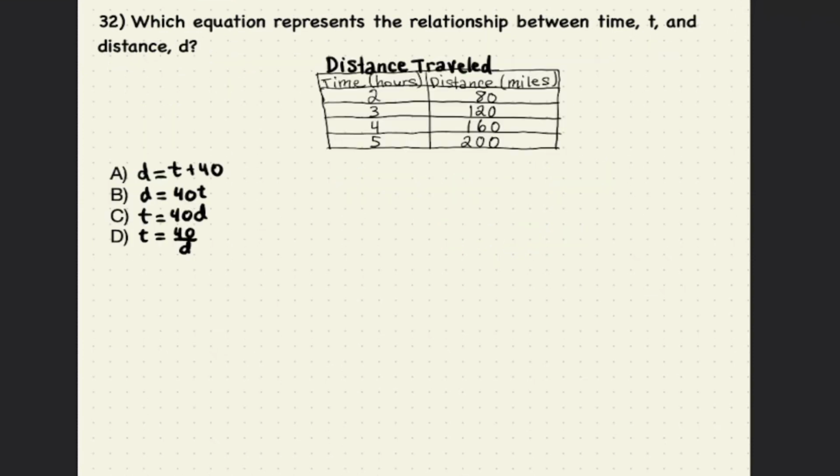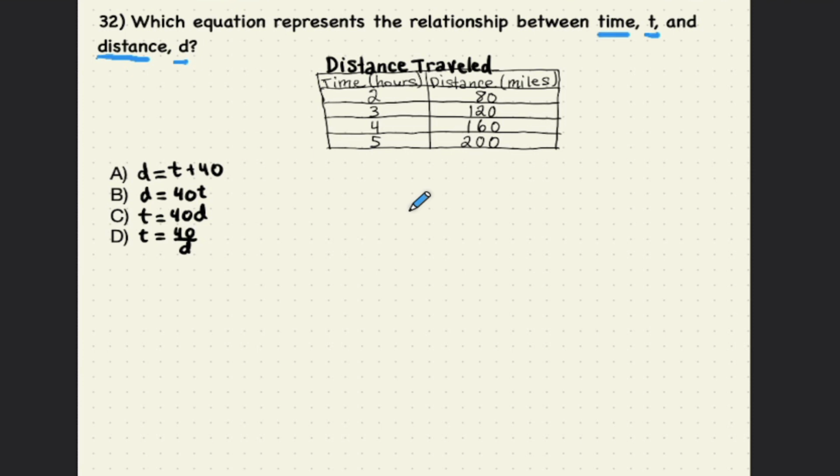Number 32. Which equation represents the relationship between time t and distance d? As you can see, time is in t and distance is in d, and we have to find out which equation represents the relationship between time and distance. Knowing that, we know this is direct variation.